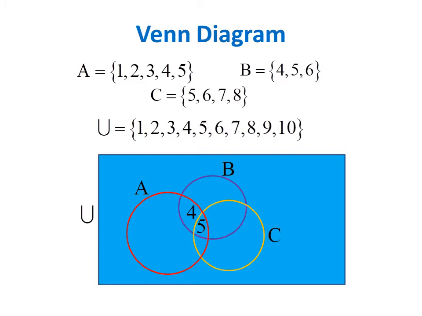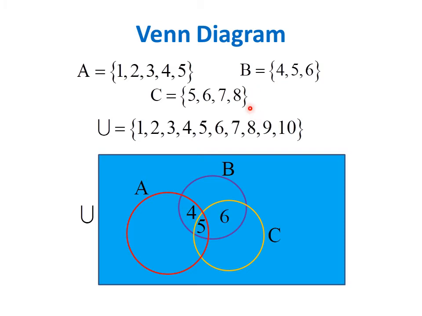Next, we have to consider the common elements of sets A and B. We have here 4, 5, and on B we also have 4, 5. But 5 is already in the intersection of the three sets. So in this remaining portion of the intersection, we write 4.